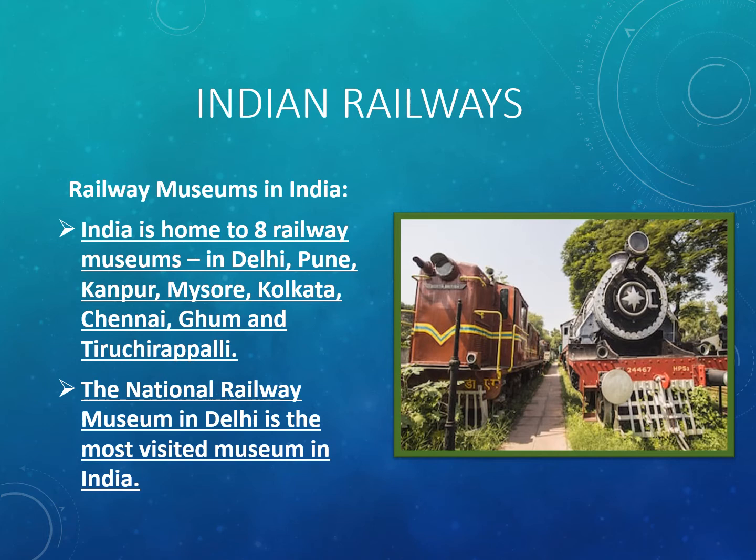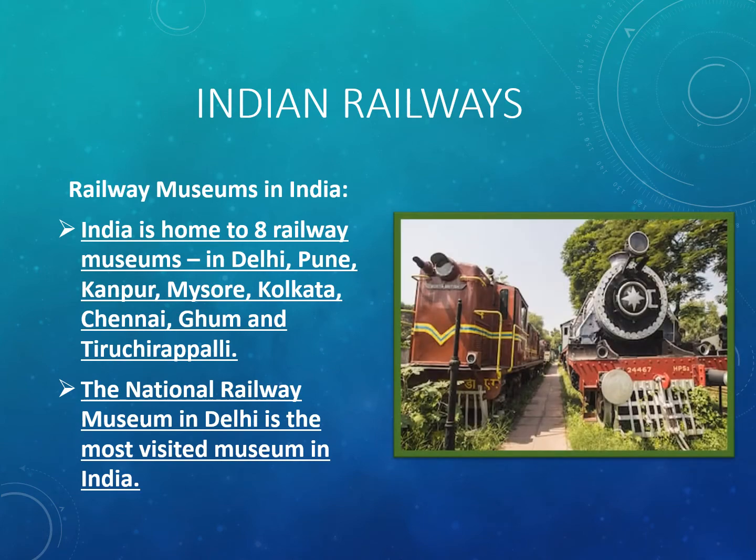The National Railway Museum in Delhi is the most visited museum in India, with millions of tourists flocking to witness the rich heritage that the museum offers. The Fairy Queen, the world's oldest working locomotive, is one of the main tourist attractions at the museum. This museum is also the largest rail museum in Asia.